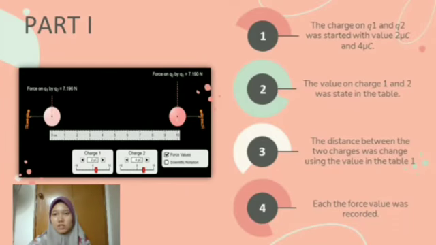The first step is that the charges Q1 and Q2 start with values of 2 and 4 microcoulomb. For the second step, the values of charge 1 and 2 are stated in the table. The third step, the distance between the two charges was changed using the values in table 1. And for the last step, the force value was recorded.